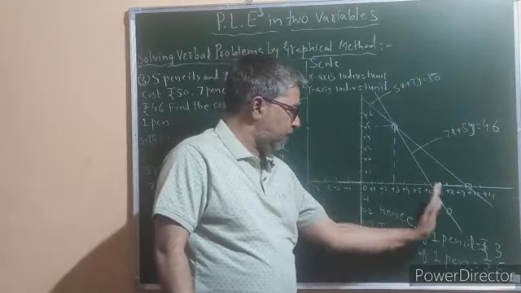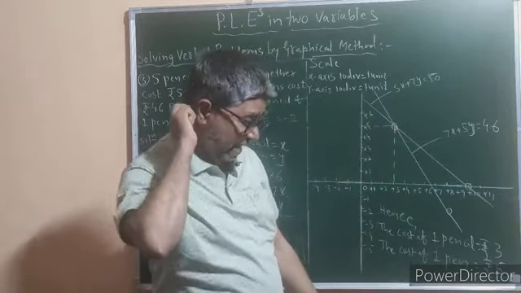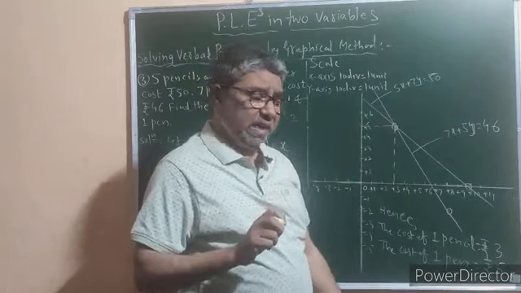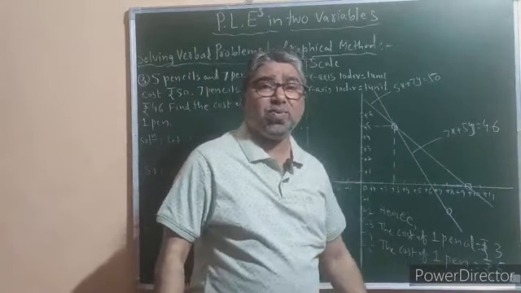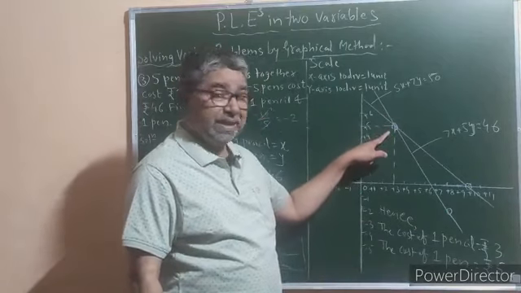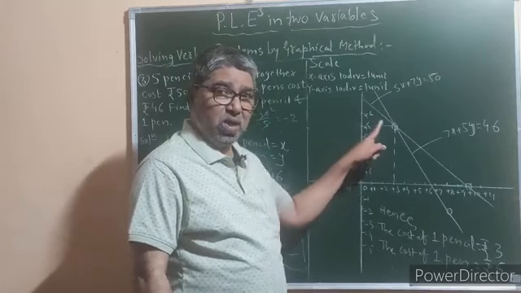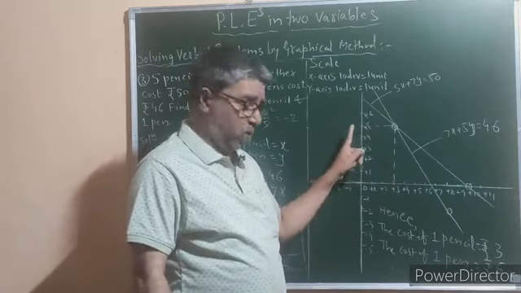With the help of a scale, join these 2 points and you will get one more line, the linear graph of the equation 7x + 5y = 46. So these 2 lines are intersecting at this point. Draw 2 perpendiculars as usual, one on the x-axis, another on the y-axis.